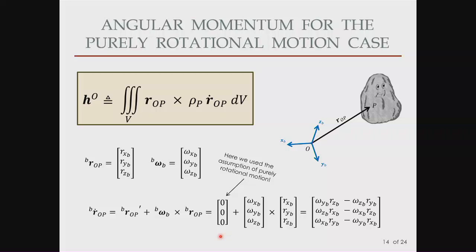This is why it's written here that we have used the assumption of purely rotational motion. We wouldn't be able to have them as constants if, say, the distance in frame B would change.